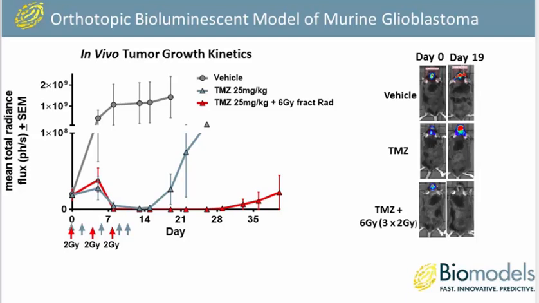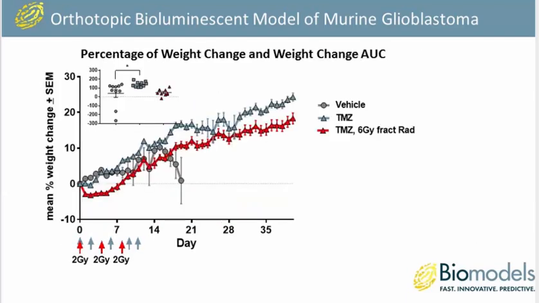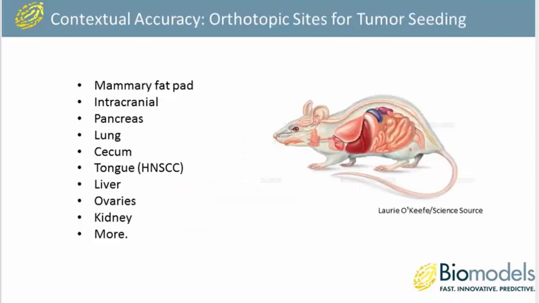So we can look at the kinetics of the response and the relapse, and we can apply your novel therapeutic or a combination and really assess pretty accurately in real time. And here's another look at weight change from the study.